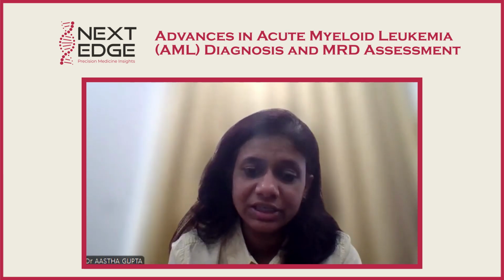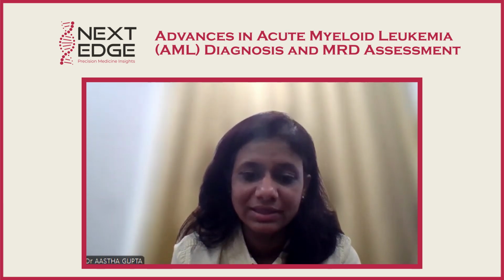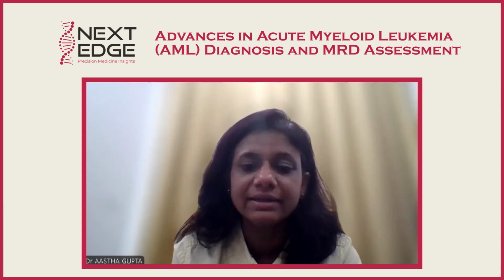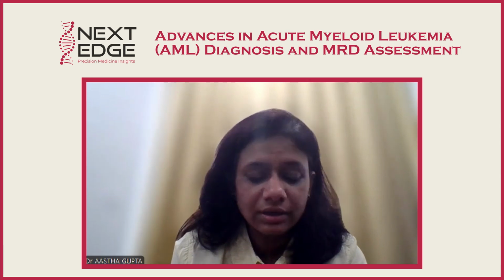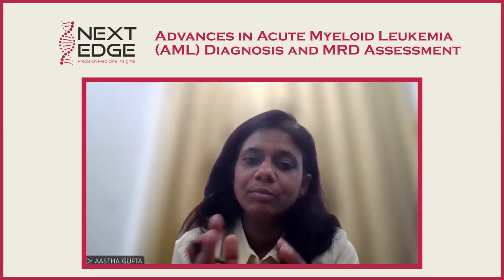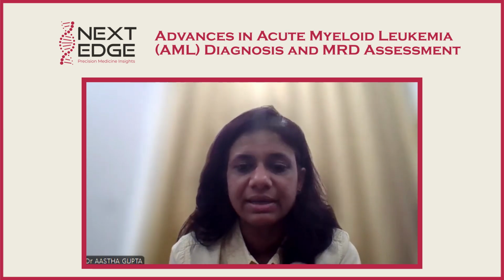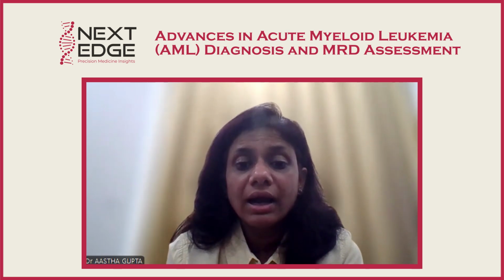And when there is a deviation from normal, we know that this is the minimal residual disease which is present in the patient. So in this pattern, together both the flow cytometry for MRD and molecular NGS based MRD are very important.